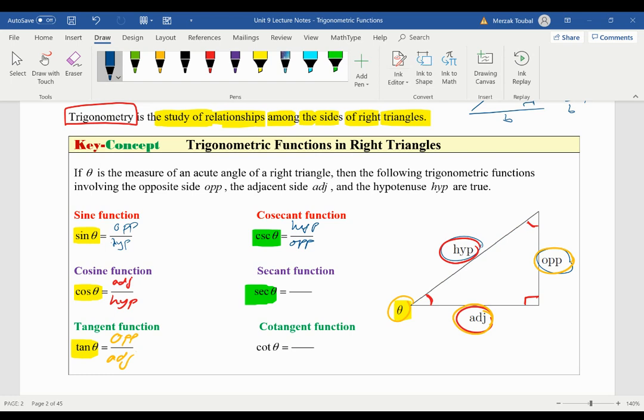So secant will simply be hypotenuse over adjacent. And the last one is cotangent, which is the reciprocal of tangent. So if tangent is the opposite over adjacent, then cotangent would be adjacent over opposite. So these are the 6 trig functions that we need to know in trigonometry.